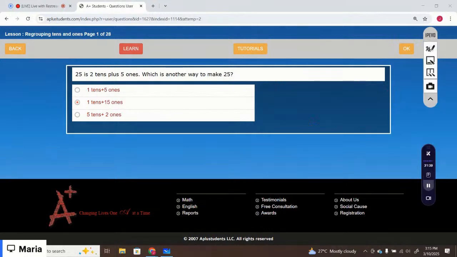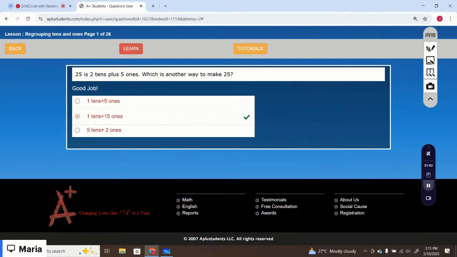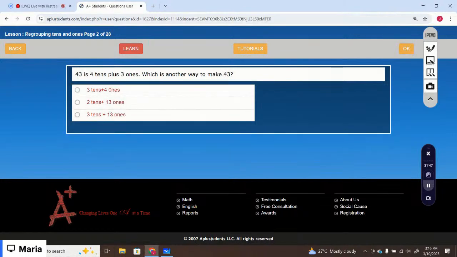One ten and 15 ones. Option number 2 is the correct option. 43 is 4 tens plus 3 ones, which is another way to make 43.